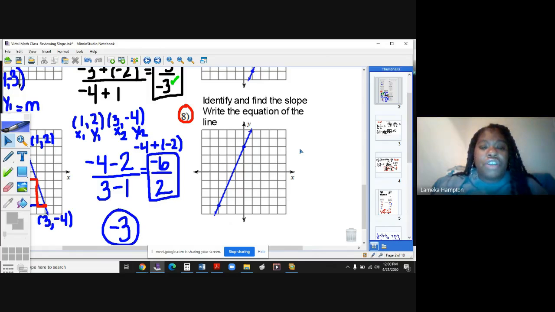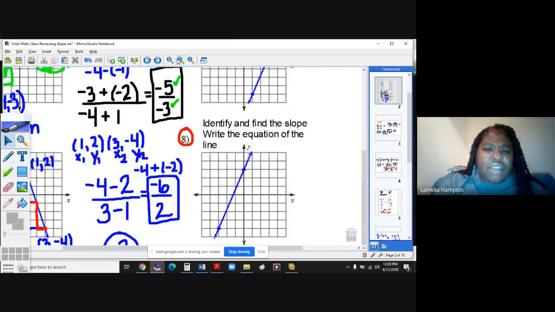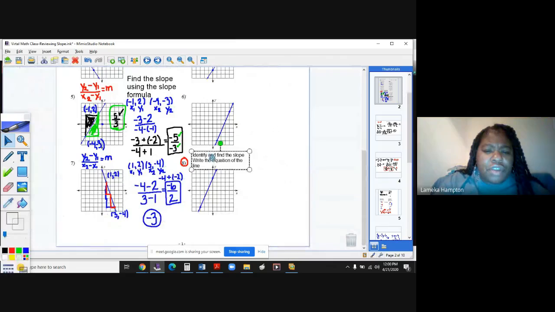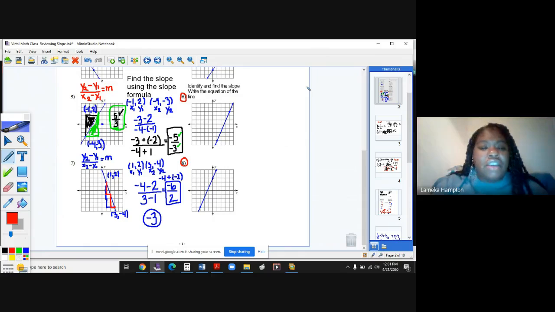So what I want you to do, if you're watching this playback, for number 6 and number 8, is identify the slope. I want you to find out what kind of slope it is and write the equation of the line for both. Okay, so that is your playback assignment.